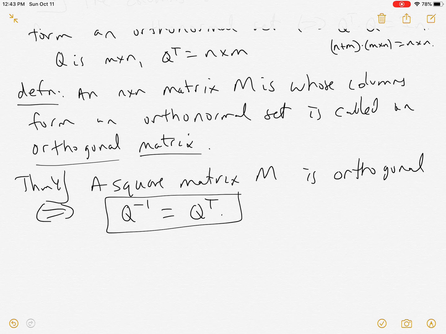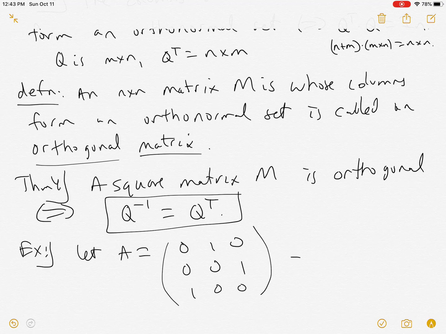All right, so let's do an example here. This is a tough one, so we're gonna really suss this out here. So we have A is the matrix 0, 1, 0, 0, 0, 1, 1, 0, 0. And you may recognize these as the standard basis vectors.